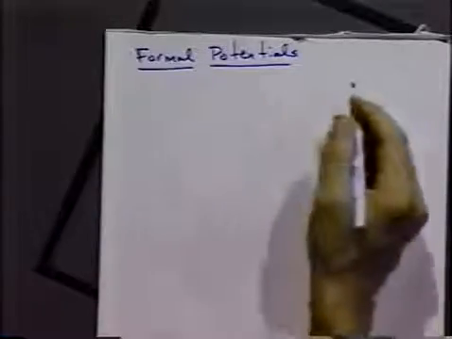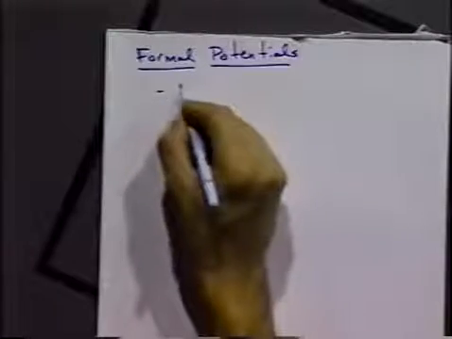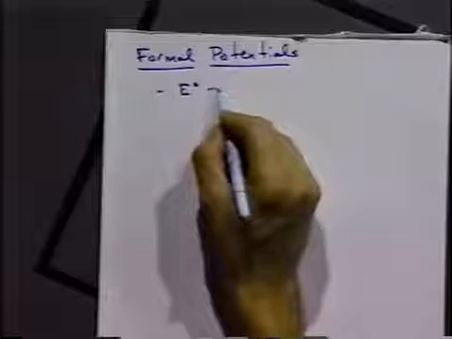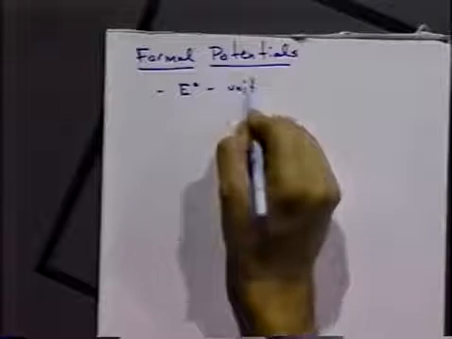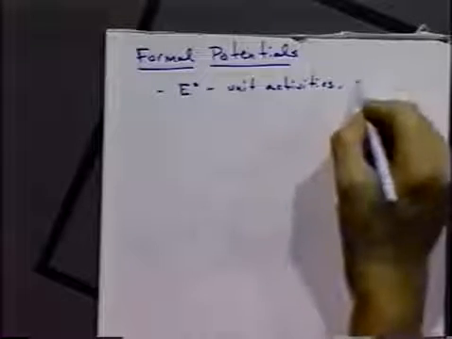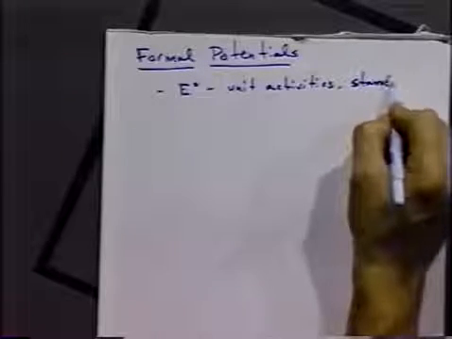And so E0, as they've listed for half reactions, are for unit activities and standard state of reaction, reactants and products.